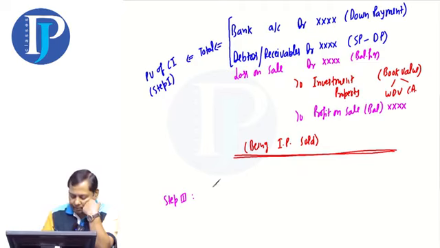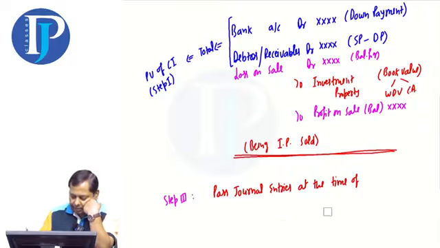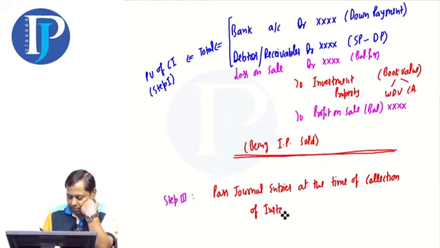Third step: pass journal entries at the time of collection of installments.